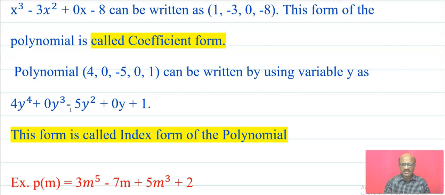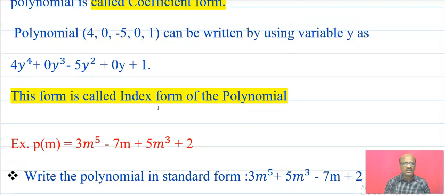That's why I am taking -5y square. What about the next? Again there is a 0, plus 0y, and last is the constant, plus 1. Therefore 4y raised to 4 plus 0y cube minus 5y square plus 0y plus 1. This form is called index form of the polynomial.